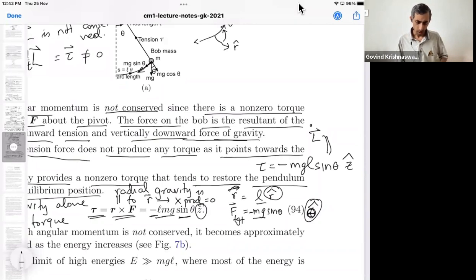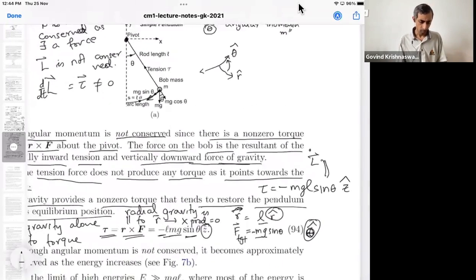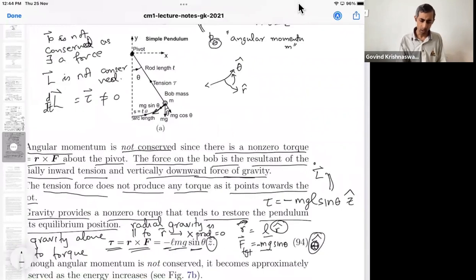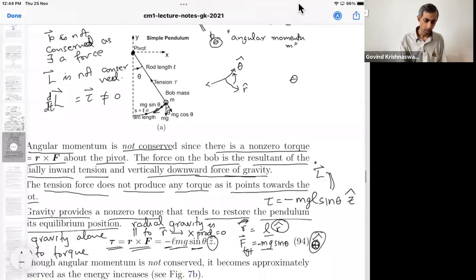Okay, to get some intuition, let us suppose the angle is small. Suppose theta is positive for convenience, and small compared to pi upon 2. That is, the bob is somewhere here.